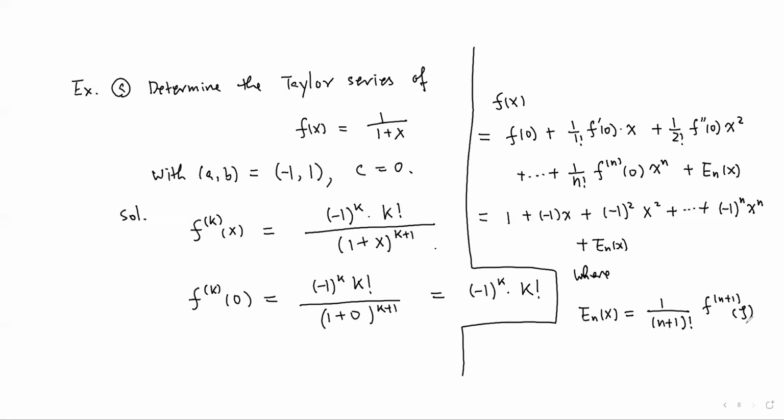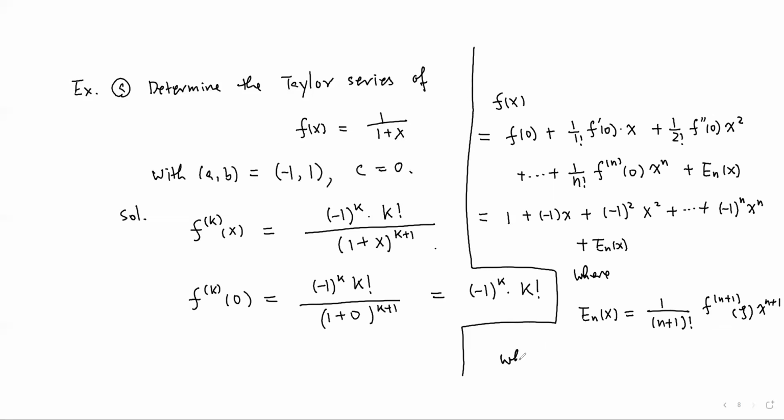Now c is 0. So psi is between 0 and x. Professor, could psi be x or c as well, or is it just strictly between the two? Strictly between, greater than or less than, not equal. Okay, thank you. Yeah. Times x to the n plus 1.